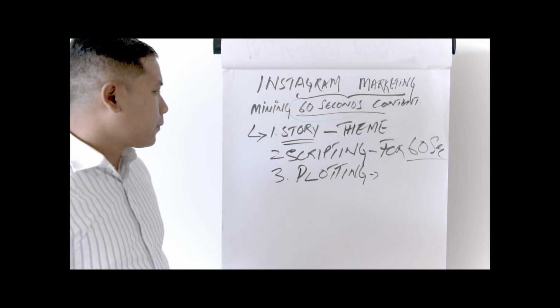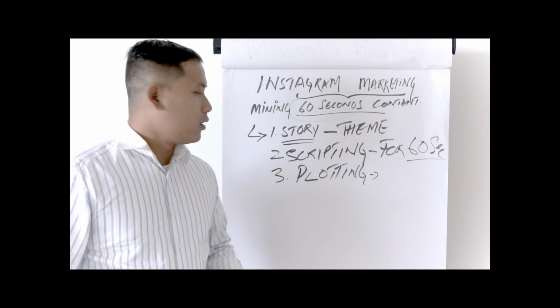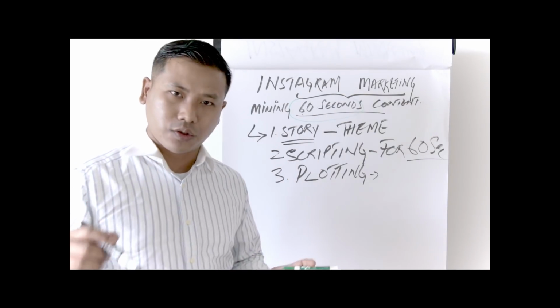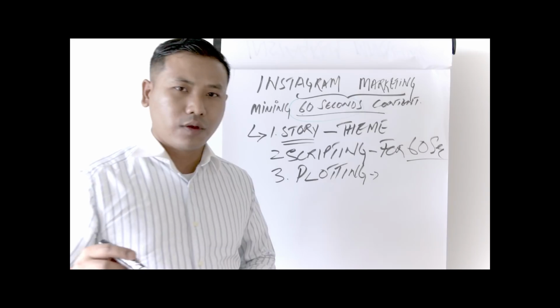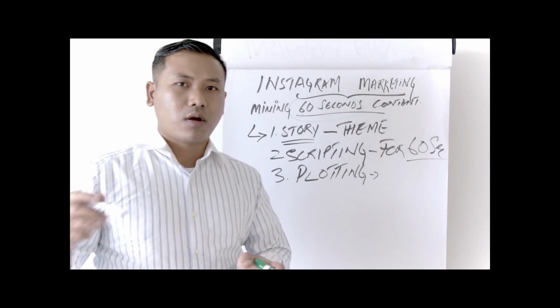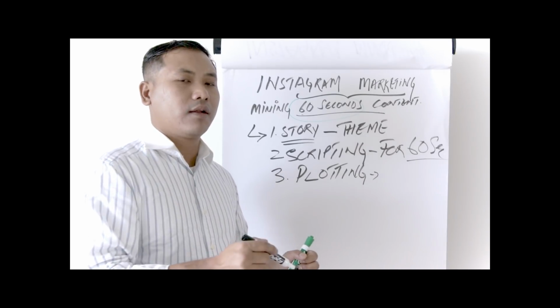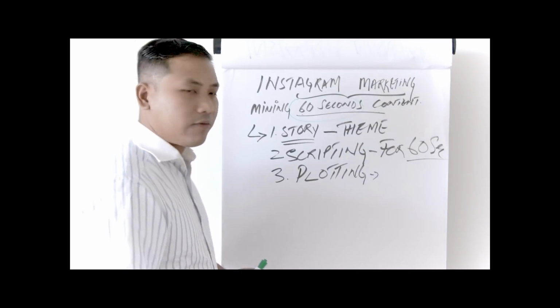Why do we need this plotting? Just to make sure that we have the proper intro and outro of the video that we are creating within that 60-second time frame.